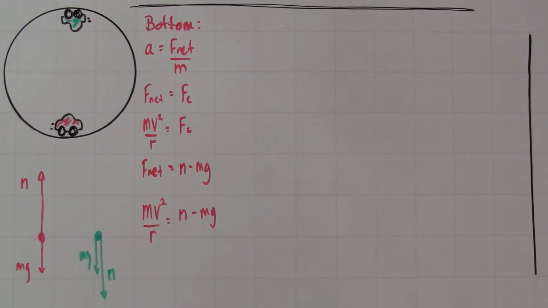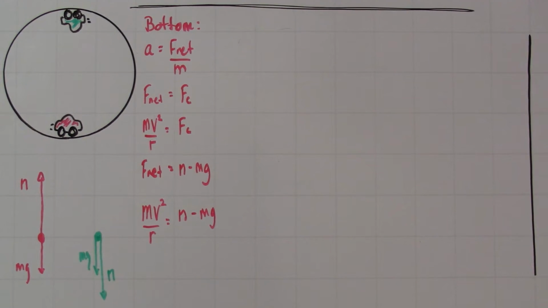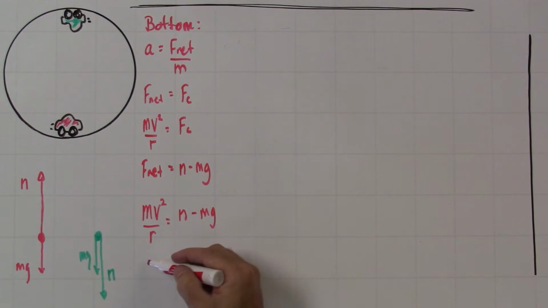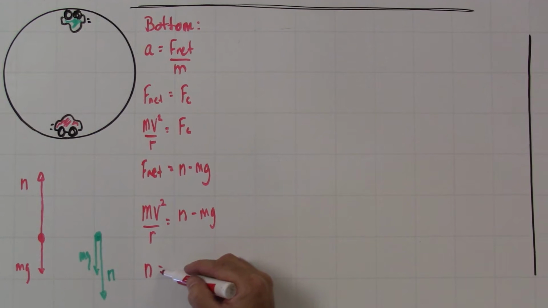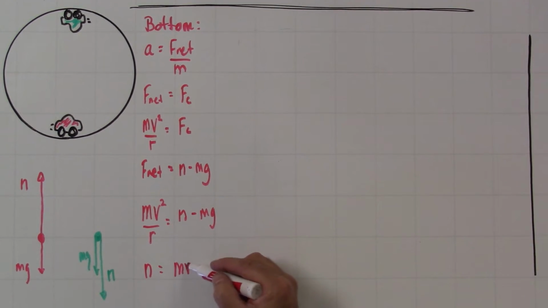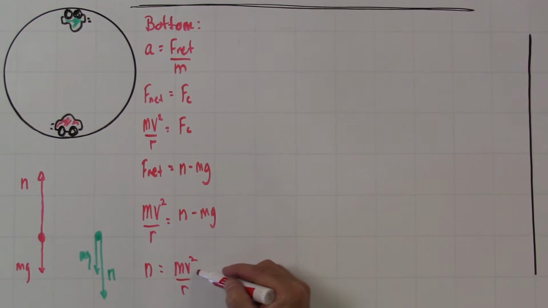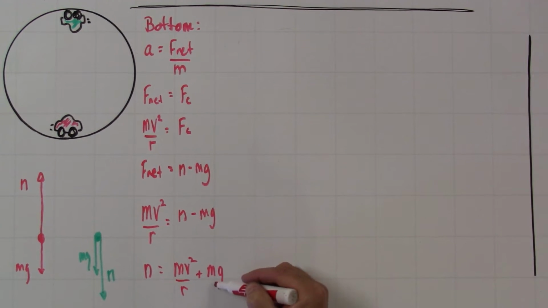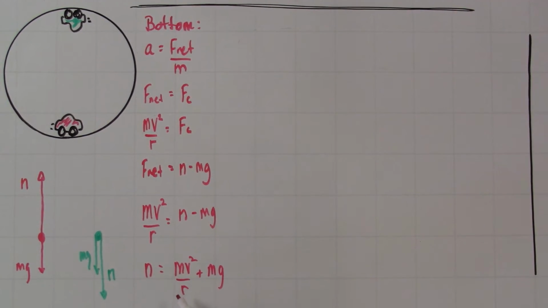And when I look at this expression, what I realize is that if I solve for the normal force, it is equal to the addition of this centripetal part, the mv squared over r, and the weight. So obviously the normal force is bigger than the weight by itself, which is consistent with our force diagram.